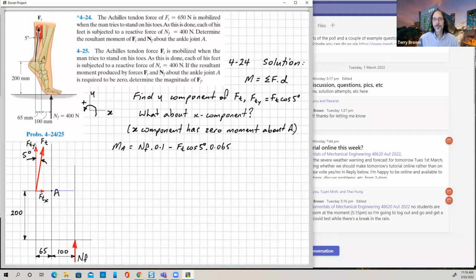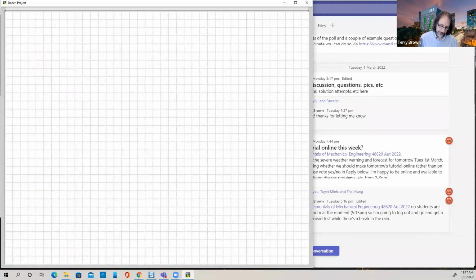The reason for that: who knows what the vector equation for a moment is? The vector equation for a moment is R cross F. That's the correct vector equation for calculating a moment. Moment is a vector, the same as force is a vector.